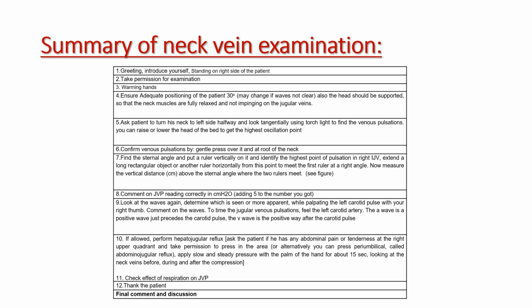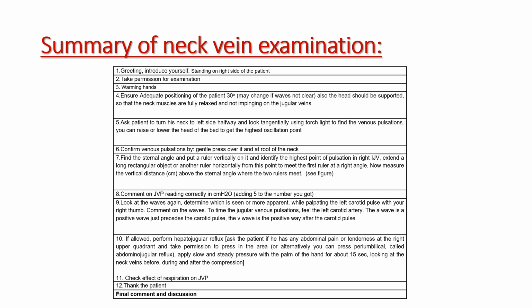Then you find the sternal angle, put a ruler vertically on the sternal angle, and put another one horizontally from the highest point of the pulsation in the internal jugular, and see how many centimeters it is vertically above the sternal angle. This vertical distance is the distance we measured up to the sternal angle.